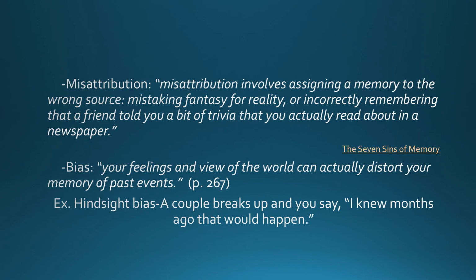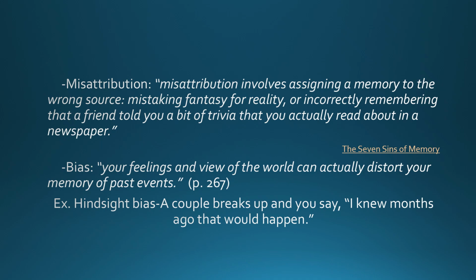Misattribution involves assigning a memory to the wrong source. In other words, mistaking fantasy for reality or incorrectly remembering that a friend told you a bit of trivia that you actually read about in a newspaper. So again, simply assigning a memory to the wrong source. I think I heard it from a friend, but I actually read it. That's a type of forgetting.